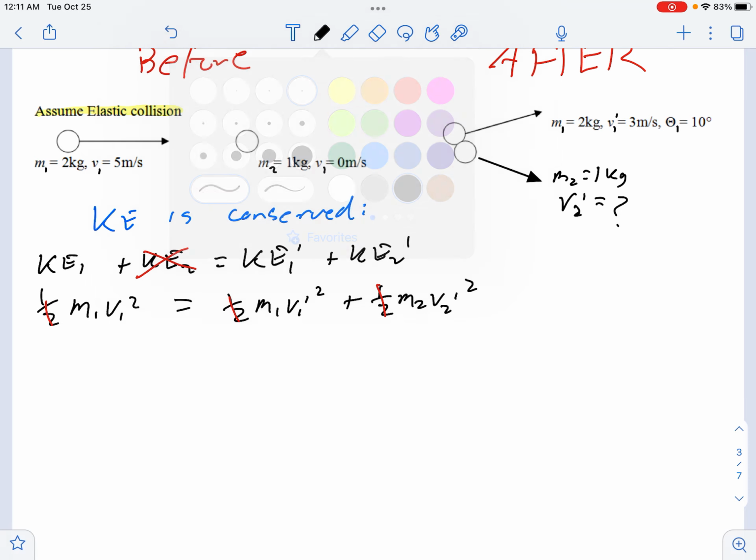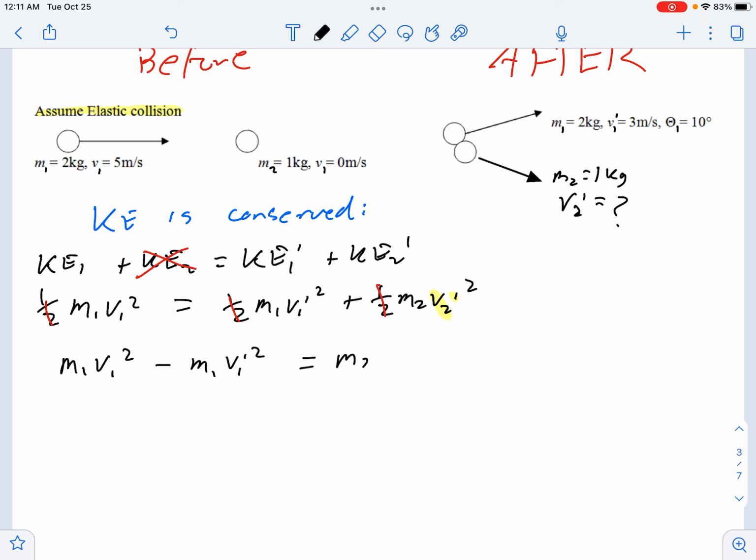If we look at what's here, we know the masses, we know the velocity of ball 1 before, and we know the velocity of ball 1 after. So really the only unknown in here is v2 prime. Not too bad. We're going to isolate that. So m1 v1 squared, and I'm going to subtract m1 v1 prime squared, and I'm left on the right-hand side with m2 v2 prime squared.